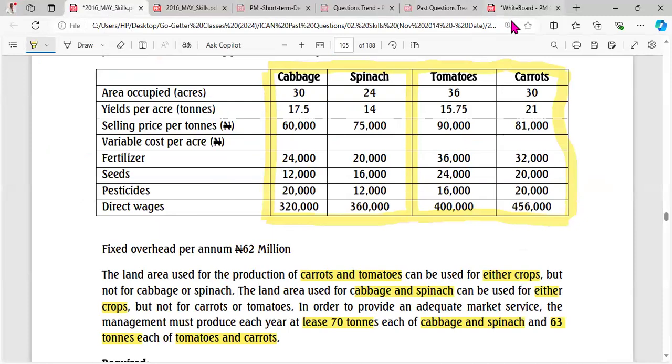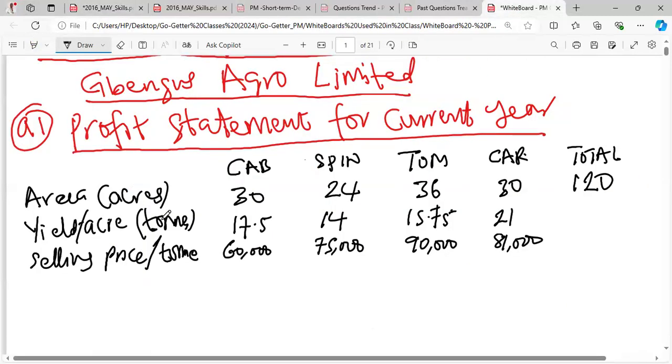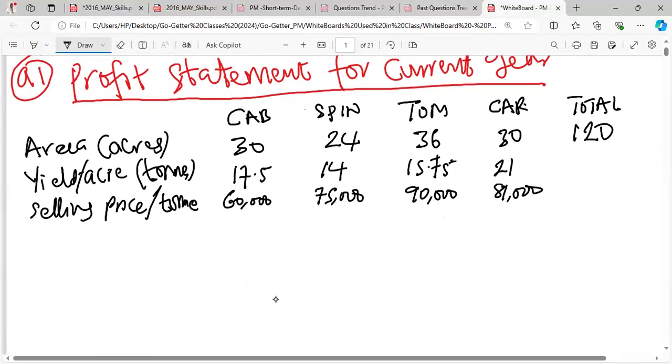So what's our sales revenue per acre? Because here the yield per acre is in tons.